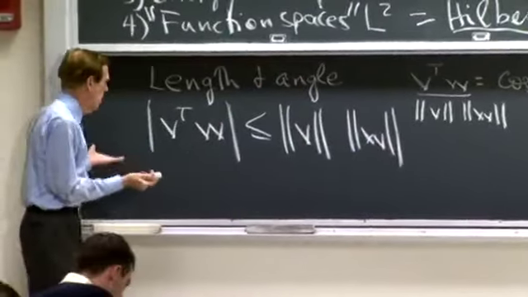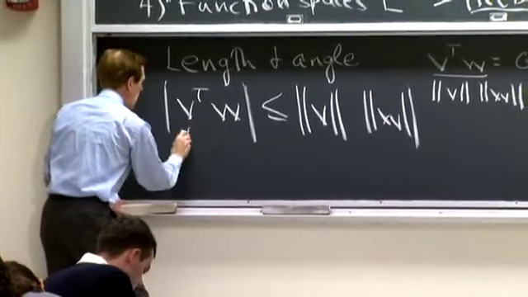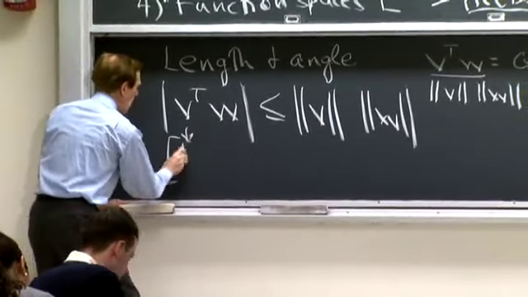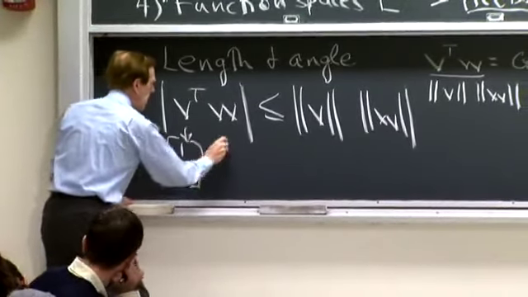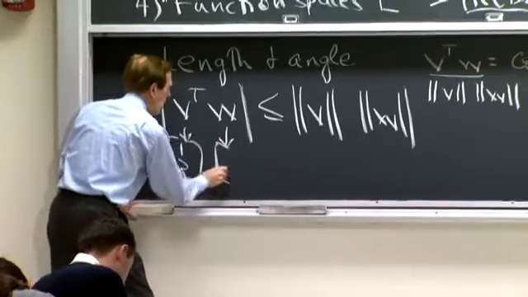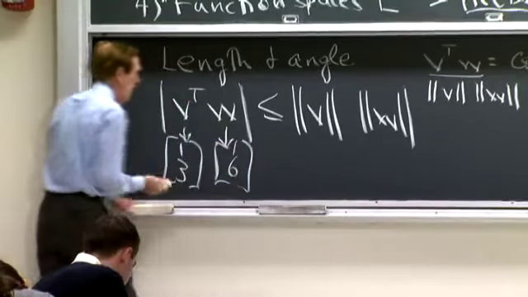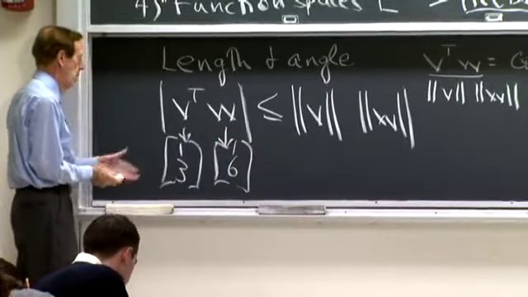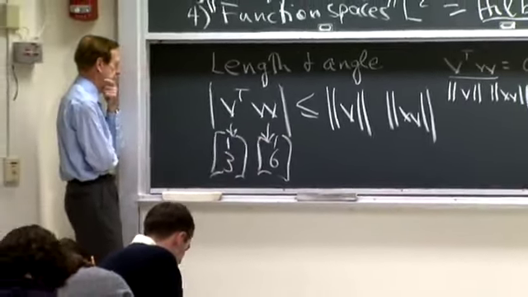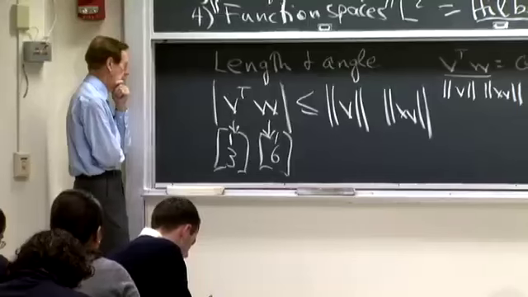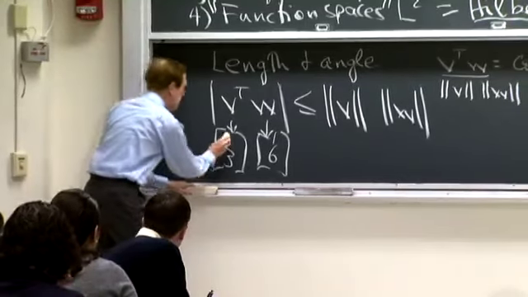Right. I could do an example. Let V be 1, 3. And let W be 1, 6. I don't know how this is going to work. What's the dot product of those two vectors? Oh, it's 19. Sorry about that. Let's change this.